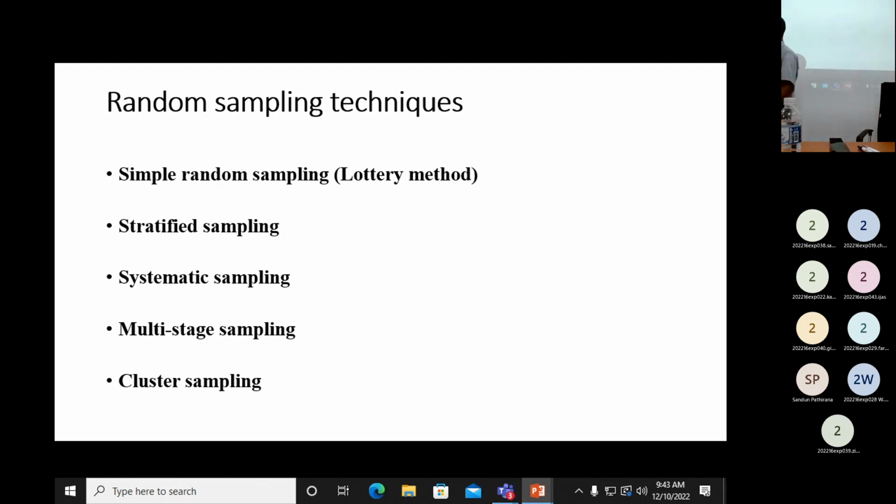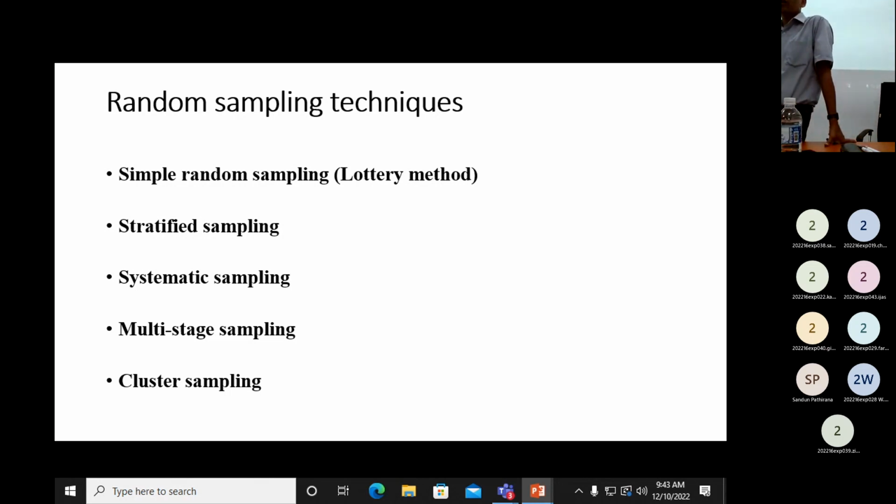Right, what is multi-stage sampling? Multi-stage sampling is very much appropriate in large area studies. If you are conducting your studies, what we do here is follow several stages before selecting the sample.